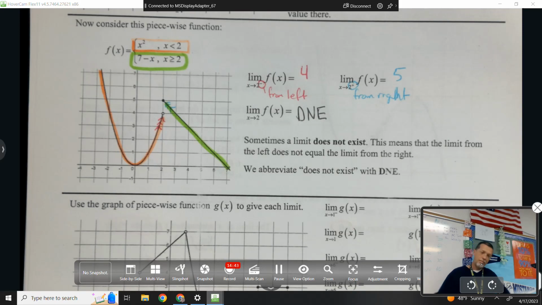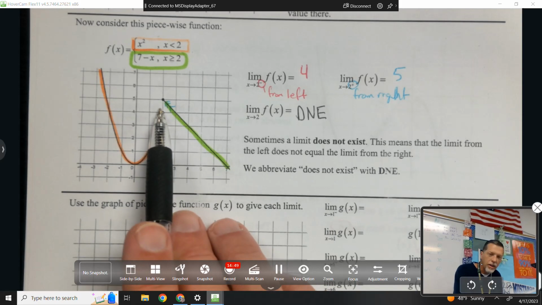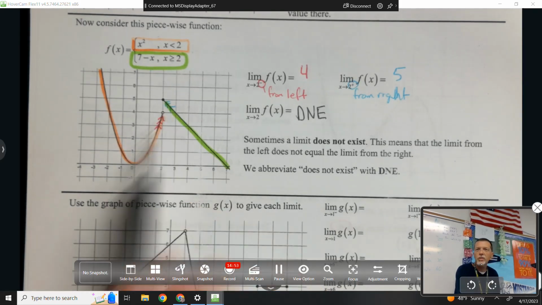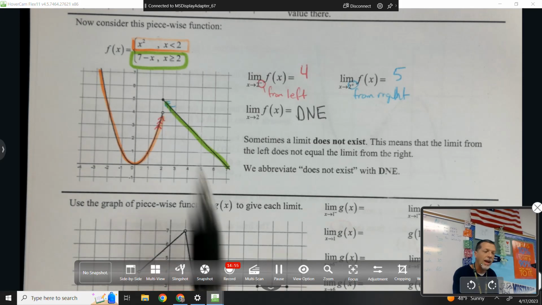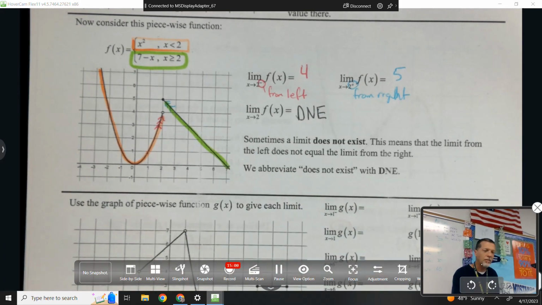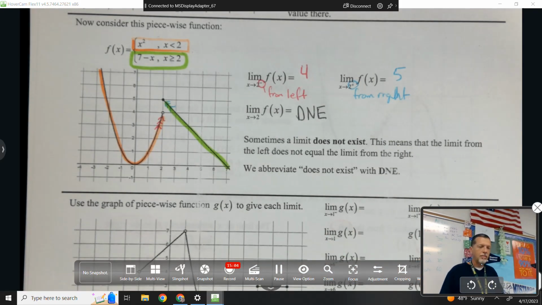They don't have the same limit. So we can't say, you don't average, you don't pick one. It doesn't matter that at 5 there's a closed circle and at 4 there's an open circle. That doesn't matter. Like that's at 5 or at 2. We care about as we get close to 2. So one's headed to 4, one's headed to 5. Overall, nothing. DNE.